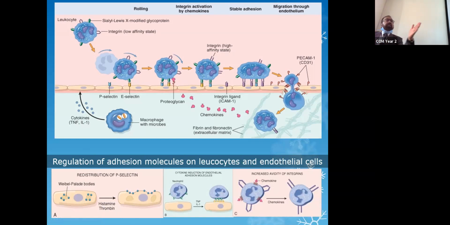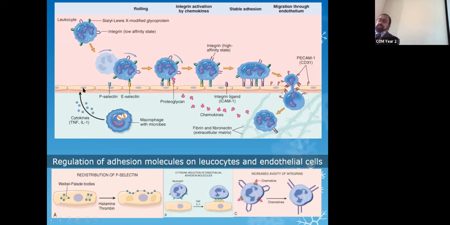How has it become active? There are P-selectin and E-selectin in the endothelial cell which are in a non-active phase. So when chemical mediators like histamine and thrombin go and activate this endothelium, the Weibel-Palade bodies which are present inside the endothelium become activated and go to the surface, and act like P-selectin and E-selectin, right?